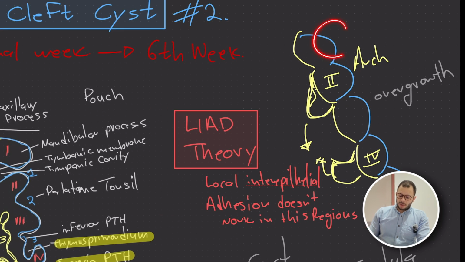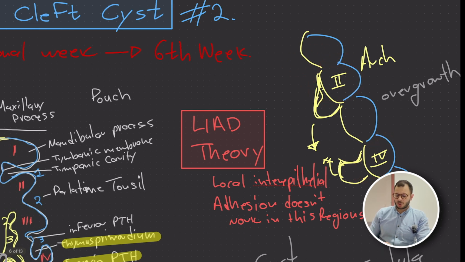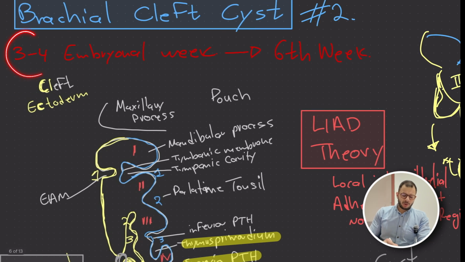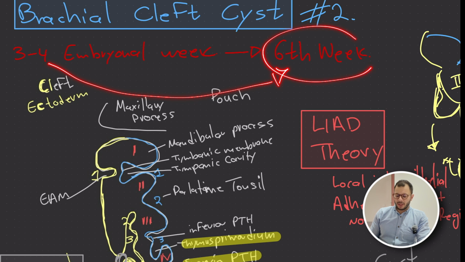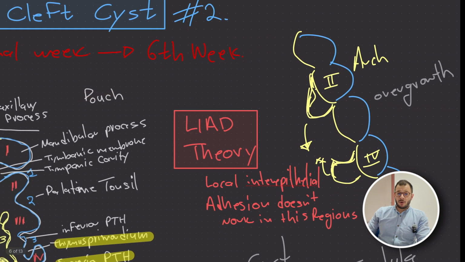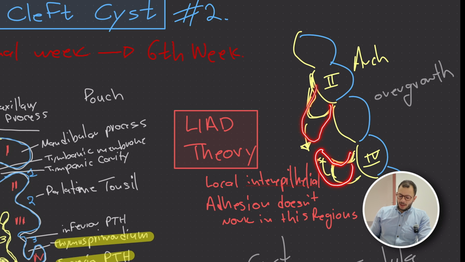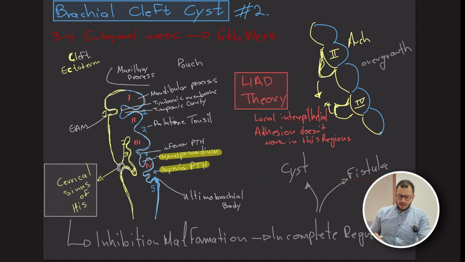We have the endoderm and the ectoderm, and then we have the second pharyngeal arch and the fourth pharyngeal arch. During the 3rd to 4th embryonal week and up to the 6th embryonal week, we can see an overgrowth of the 4th and 2nd arch. This overgrowth will come to form the so-called cervical sinus of His.